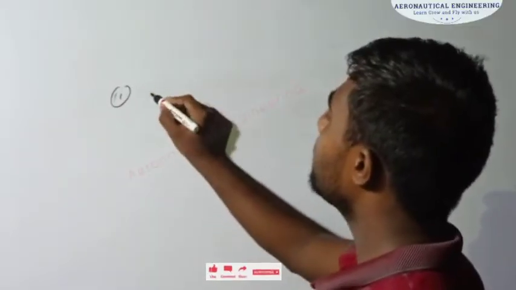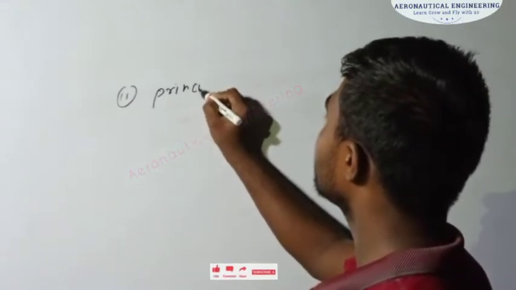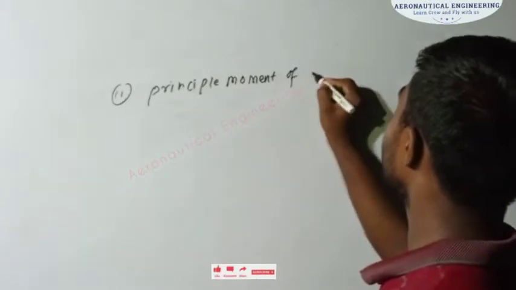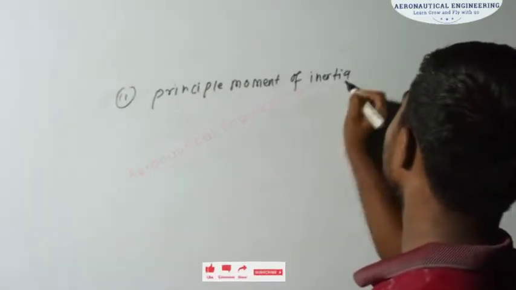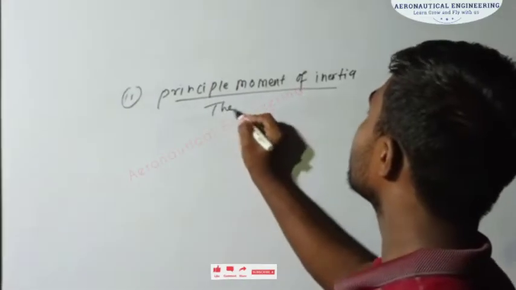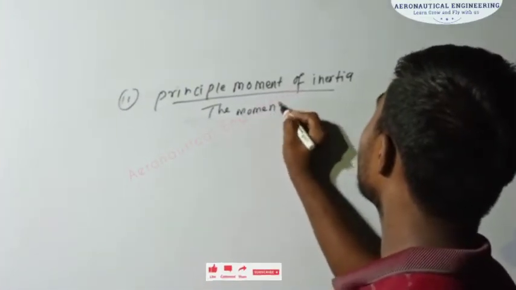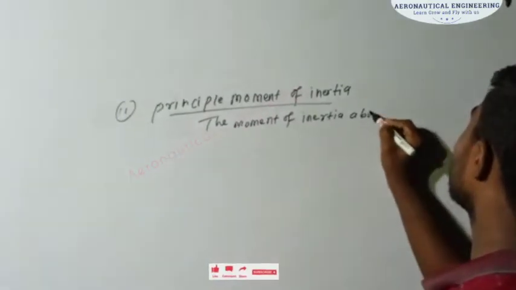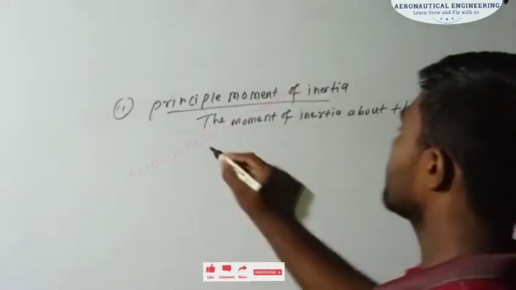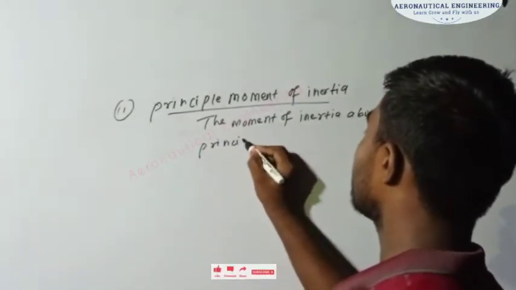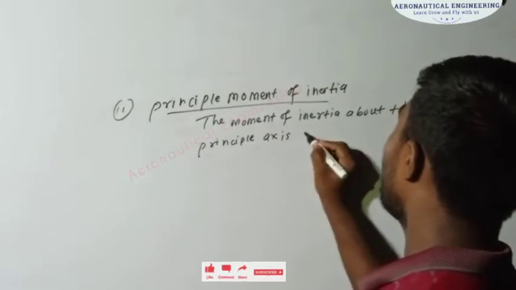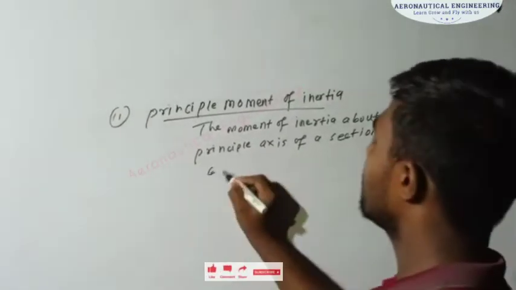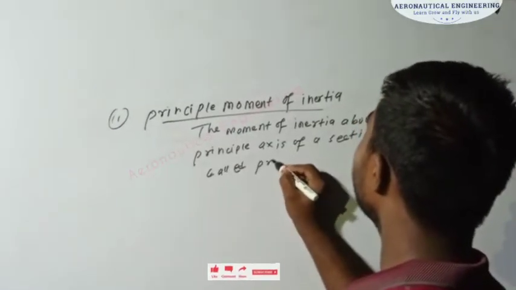Second point, we have to know the principal moment of inertia. The moment of inertia about the principal axis of a section is called the principal moment of inertia.